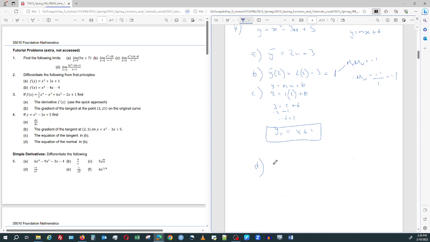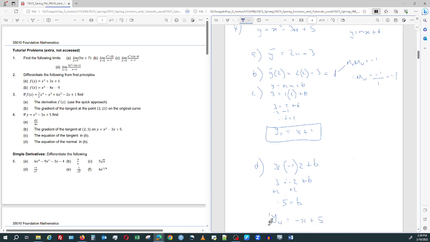So we get the y value is 3, the gradient is minus 1, x is 2, b. So it's minus 2, 3 equals minus 2 plus b. So adding 2 to both sides, 5 is equal to b. So our normal is negative x plus 5.